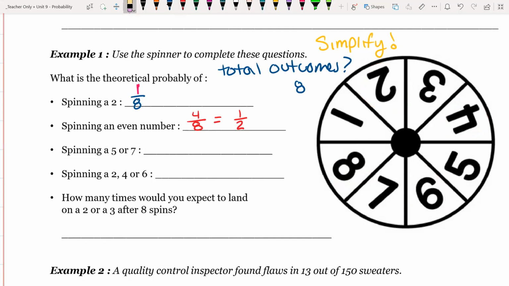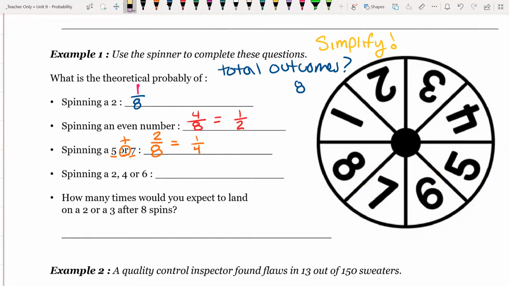We'll do this whole example together. What's the probability of rolling a 5 or a 7? Since it says or, we want to add them. I see a 5 and a 7. How many total possibilities are there? There's 2 out of the 8 outcomes. 2/8 I can simplify to 1/4.